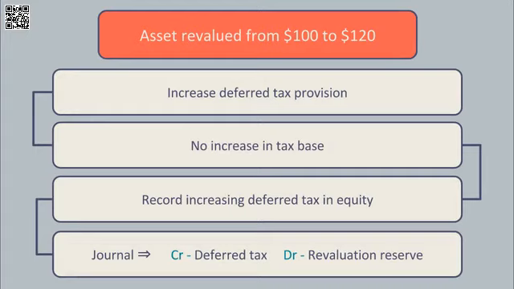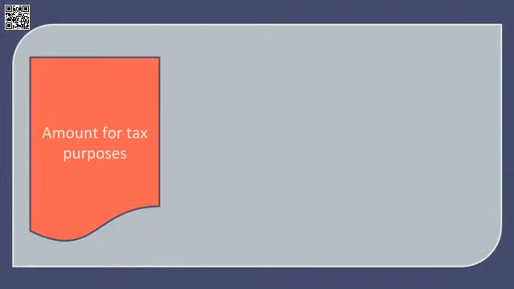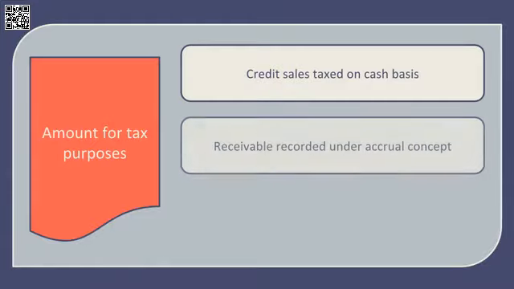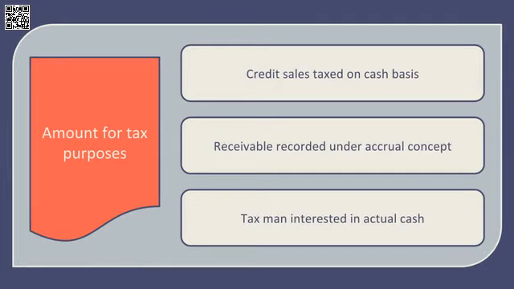Another way of thinking about the tax base is to consider it as the amount being considered now by the taxman for tax purposes. Take, for example, sales on credit, which are taxed on the cash basis. As an accountant, we would record a receivable under the accruals concept, but the tax base would remain at 0 as the taxman is not interested in the item until the actual cash is received.